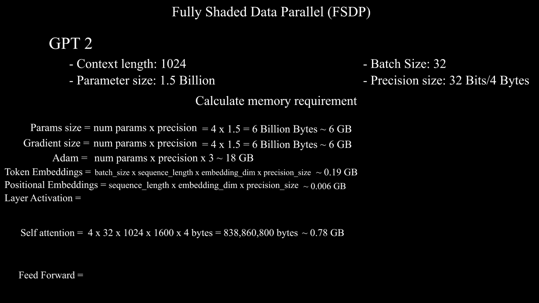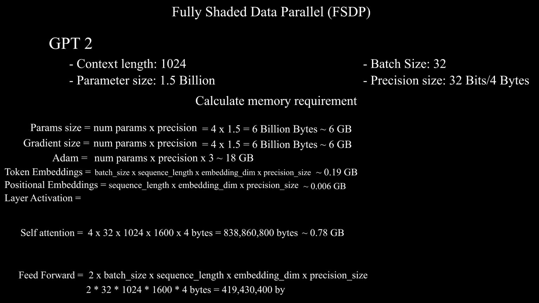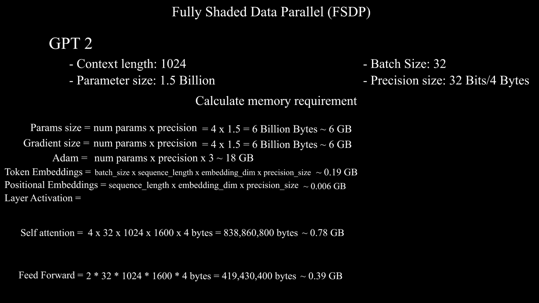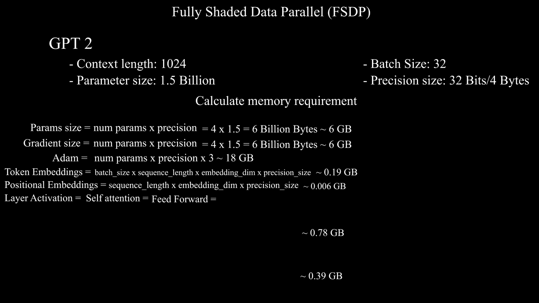Similarly, we can do it for feed-forward as well, which is 2 times batch size times sequence length times embedding size times size of precision, roughly 0.39 gigabytes. So the total per layer will be around 1.17 gigabytes.